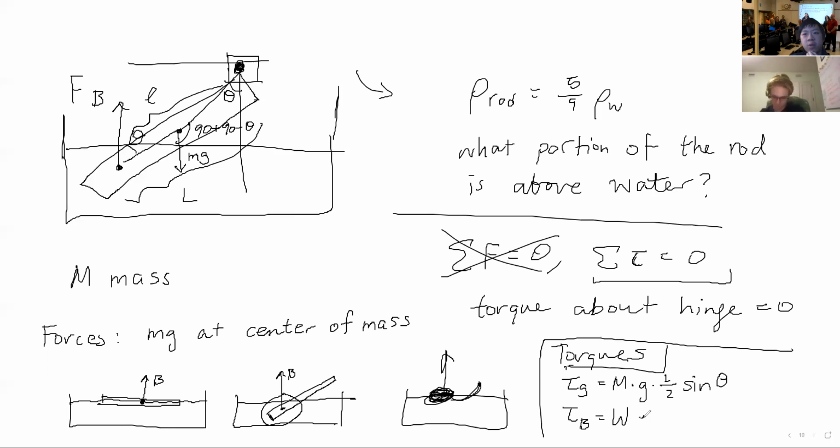So then we again have sine theta. So we have the weight of the water that's displaced times g times, all right, what is the position of the center of mass here expressed using big L and small l?